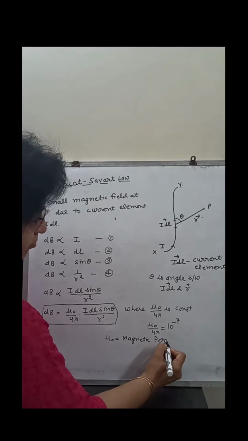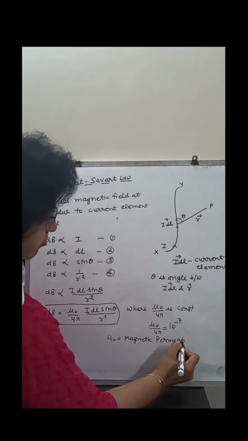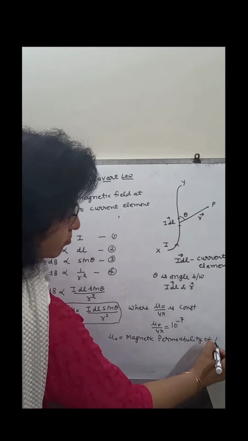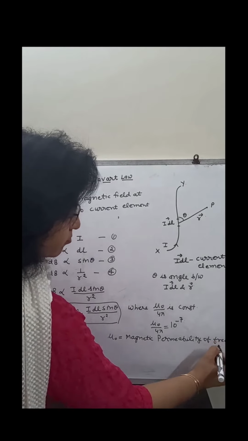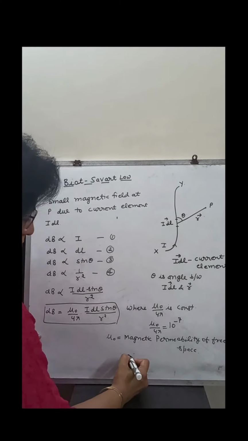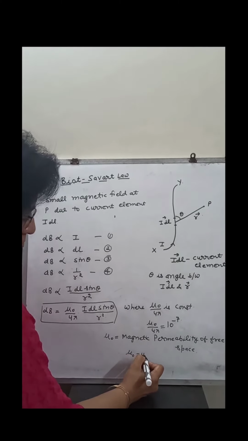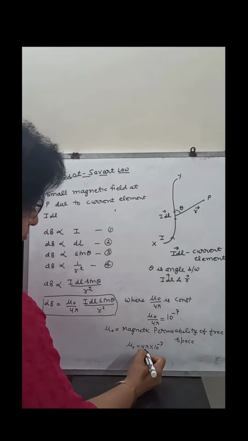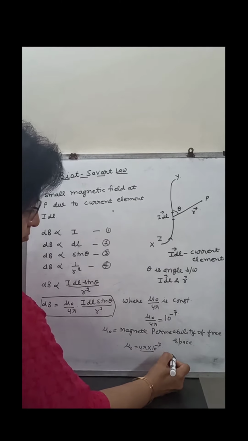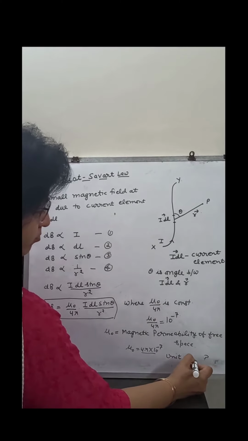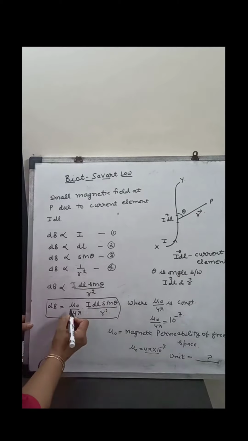Value of mu naught is 4 pi into 10 raised to power minus 7. And unit of mu naught is Weber per ampere per meter. We can write it, or Tesla meter per ampere.